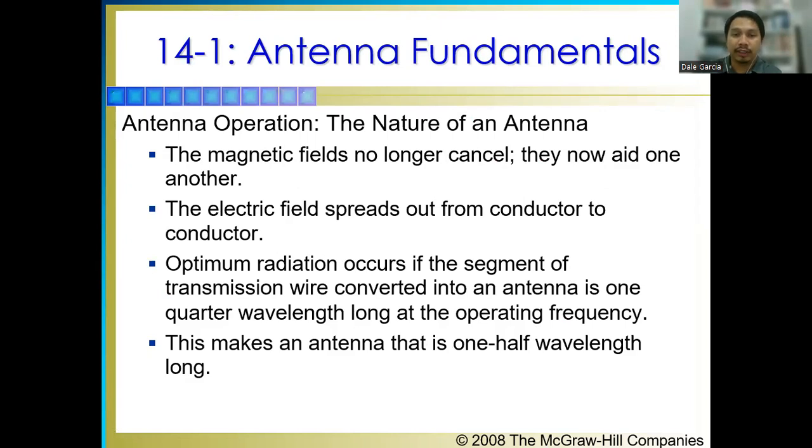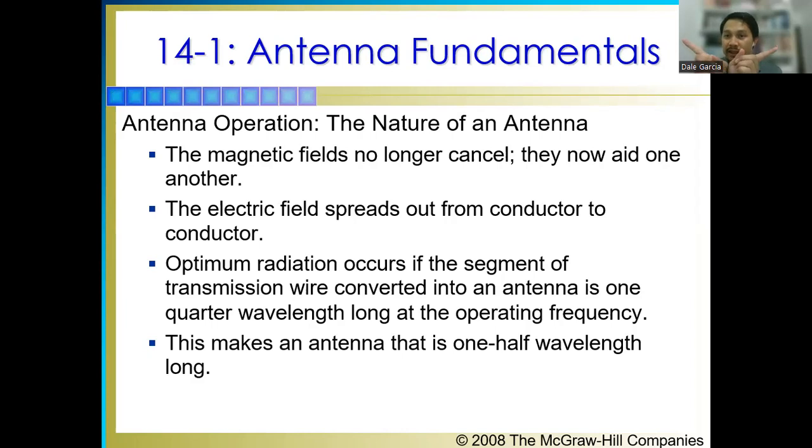Optimum radiation occurs if the segment of transmission wire converted into an antenna is 1/4 wavelength at the operating frequency. This makes an antenna that is 1/2 wavelength long.